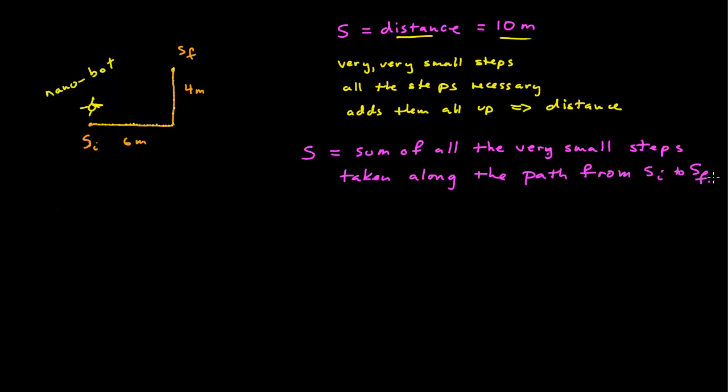So my total distance is the sum of all the very small steps my nanobot took from going along the path from the initial position to the final position.